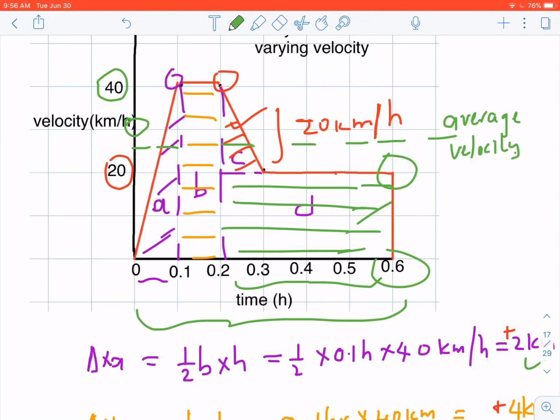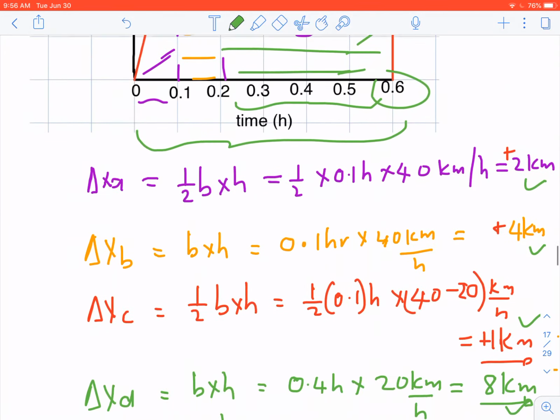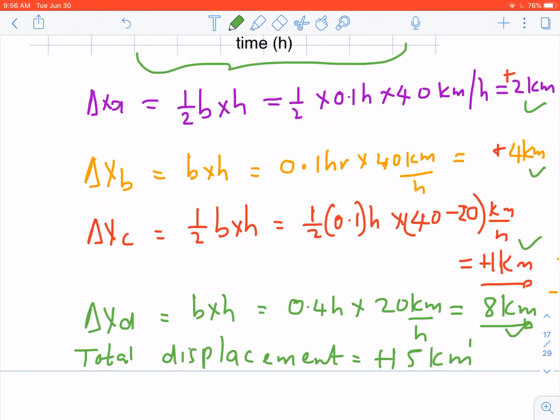So whilst you got this object moving, increasing its velocity to 40 and then slowing down, the average is equal to 25 kilometers an hour. And if you work out the displacement underneath that curve, you will get 15 kilometers.